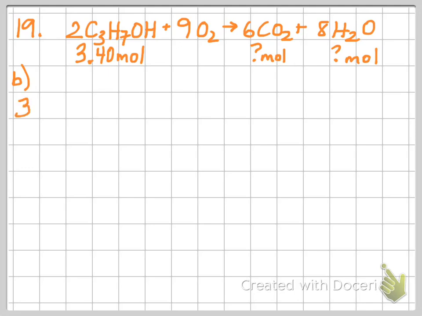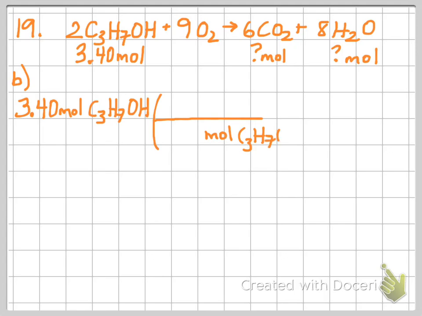I'm going to start my problem the same way. I start with my given, my moles of my alcohol. I'm asked to change from one substance to another, so I'm going to have to use a mole ratio. Moles of alcohol go on the bottom, and in the numerator I'm going to have moles of carbon dioxide.